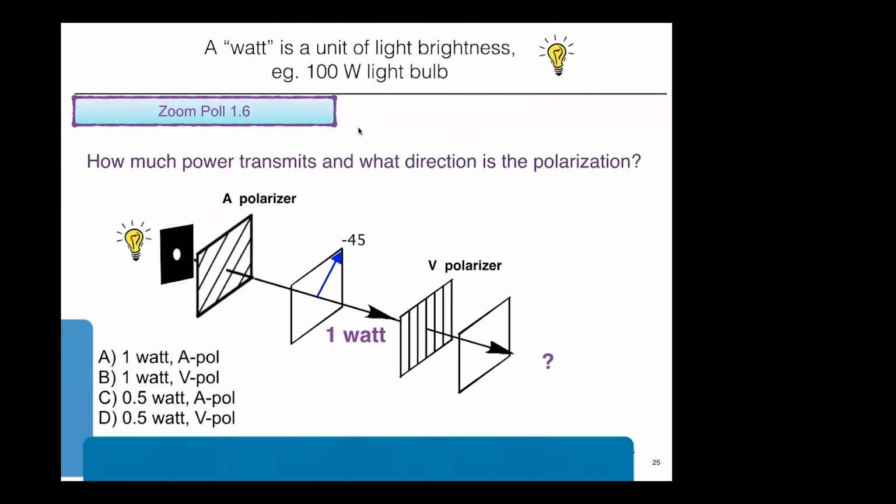Okay, here's a Zoom poll. So remember, a watt is a unit of light brightness, for example, a 100-watt light bulb. Zoom poll 6. I will just go to the poll. You can read it yourself.